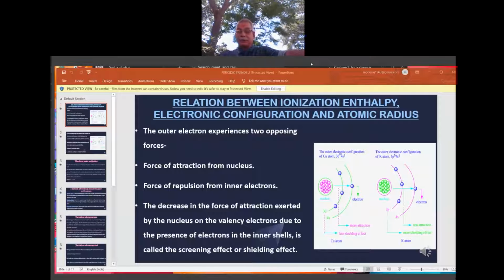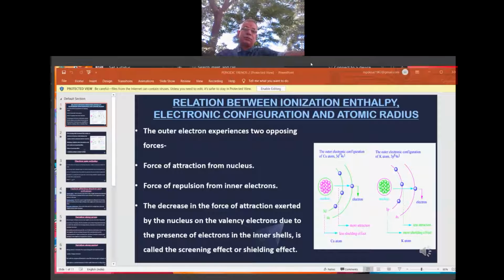Good afternoon, everyone. So this was the point of discussion yesterday, the relation between IE, electronic configuration, and atomic radius. Very close relation. All three are interdependent because from the electronic configuration, we will come to know how many shells are there, how many orbitals are there, and from the atomic radius, we will come to know how much is the size.